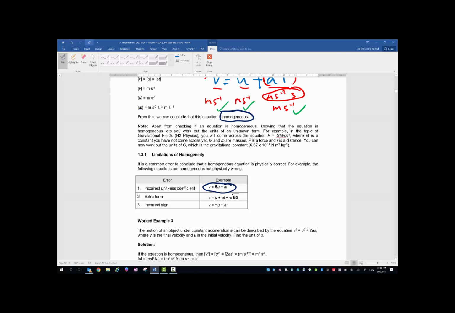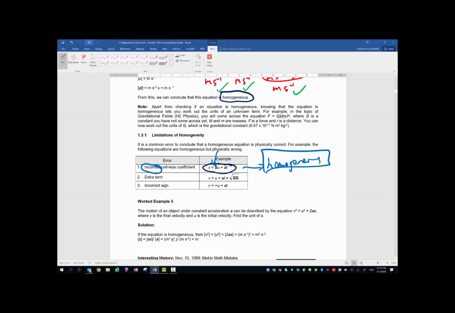The unit of v is meters per second, the unit of 5u is meters per second, and the unit of at is meters per second. So they are homogeneous. But is it correct? No, it's not. With this 5, it makes the equation wrong. So this is an incorrect equation, but it is homogeneous. Take note of that.